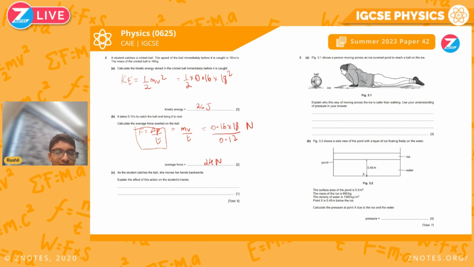So the force she needs to put on the ball, and as a result the force she feels from the ball, decreases. As the time taken increases, the force decreases. So it's less painful.